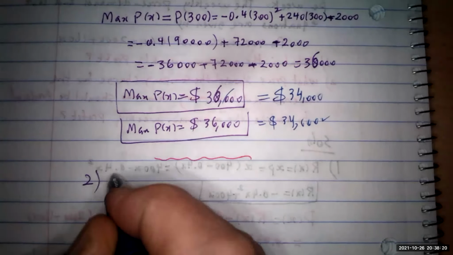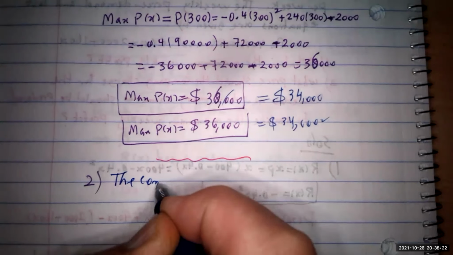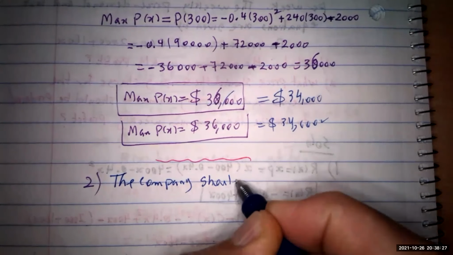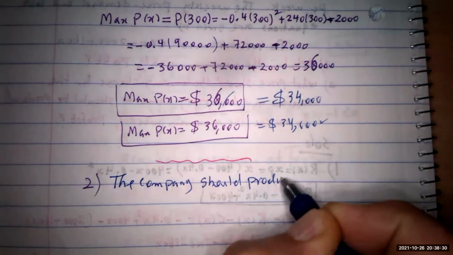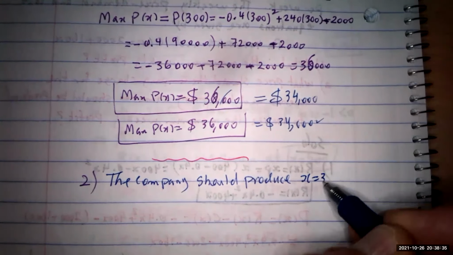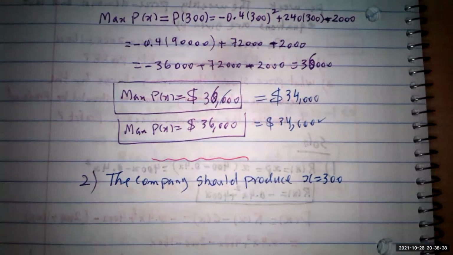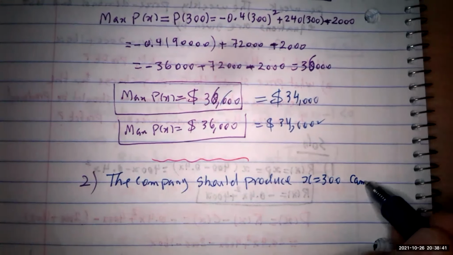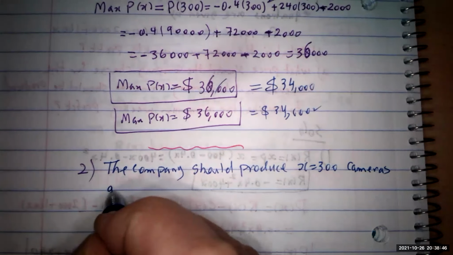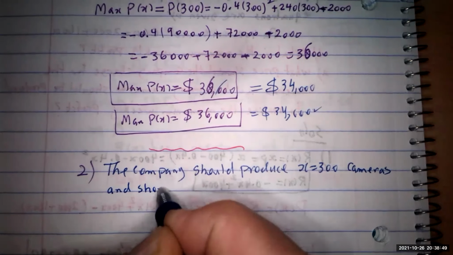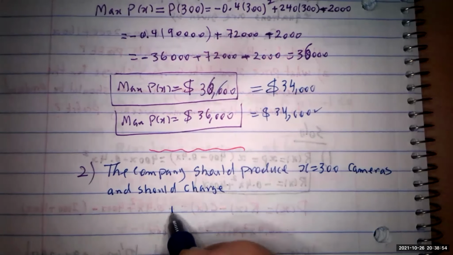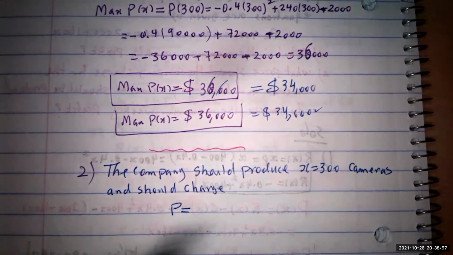So we're going to explain that the company should produce, or manufacture, X equal to 300 units, in this case, cameras, and should charge the price equal to the price demand.